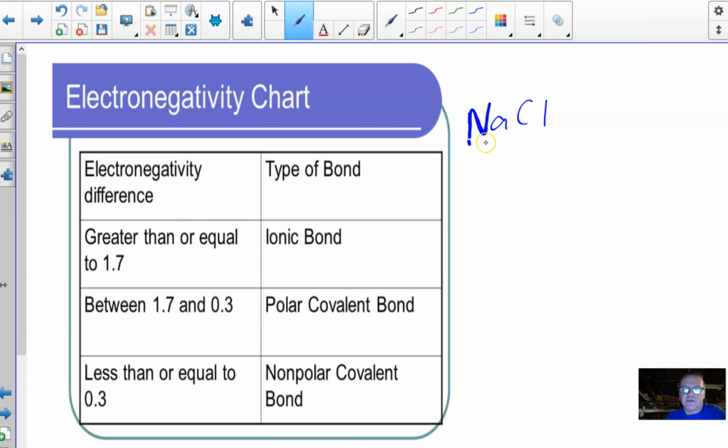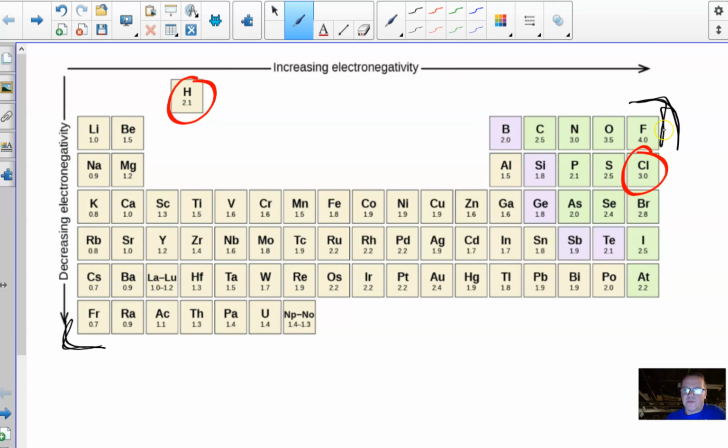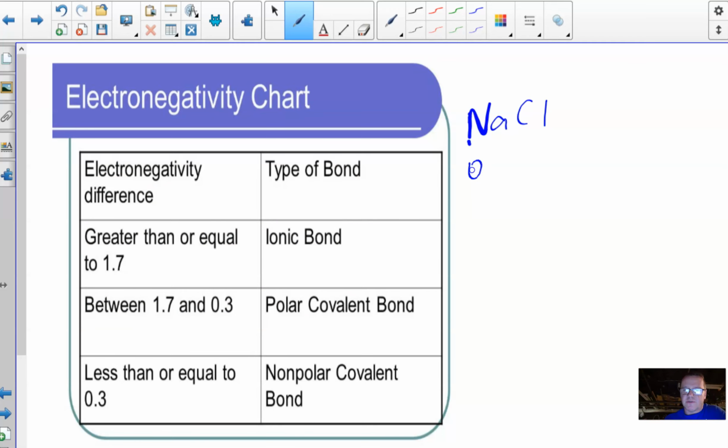When we look at sodium and chlorine on this chart, chlorine has an electronegativity value of 3.0, and sodium has 0.9. When we find the difference of those two values, I literally mean subtract them: 3 minus 0.9 gives us 2.1.